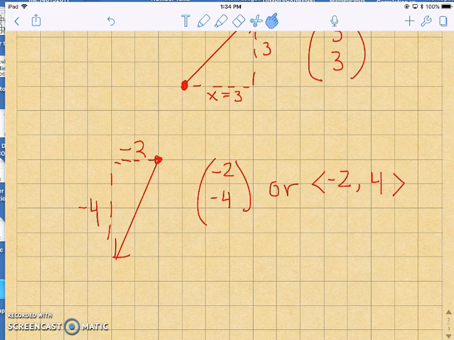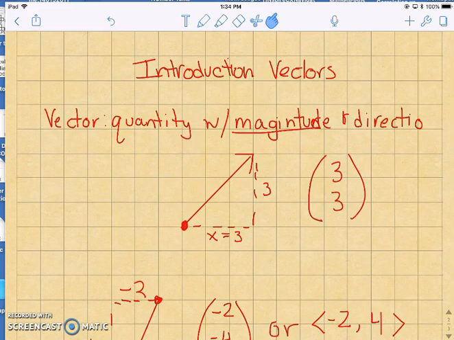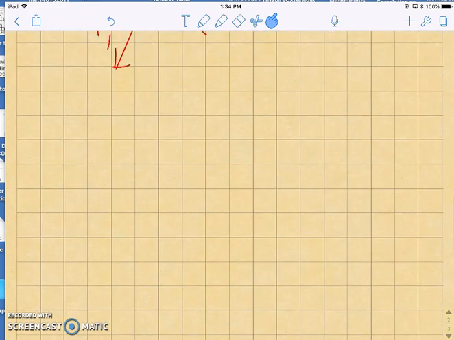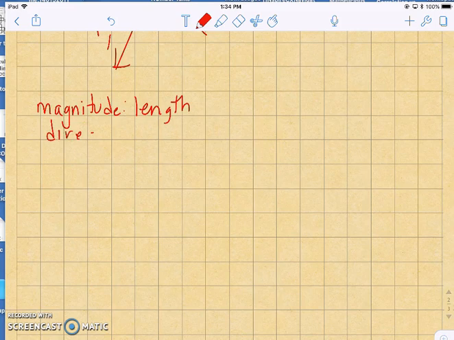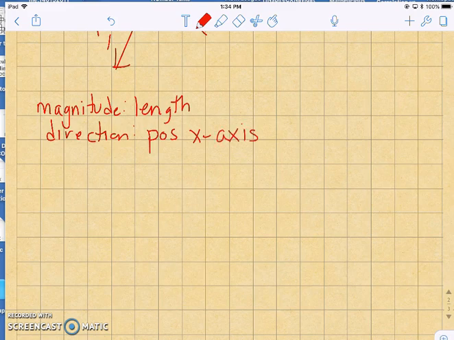So a couple things here, just to clarify again, that magnitude up here, that is the length of our vector. So whenever we say magnitude, that is referring to the length. And when we talk about the direction, that is always the angle formed between the positive x-axis and the vector.